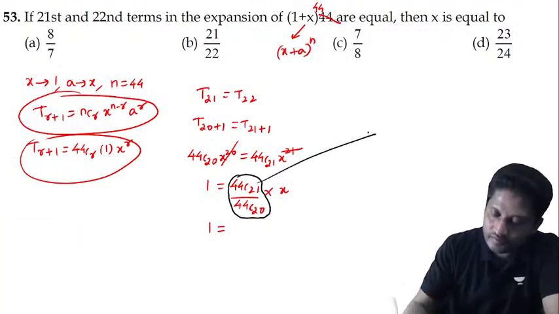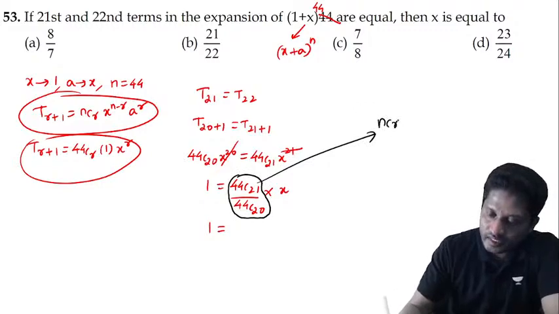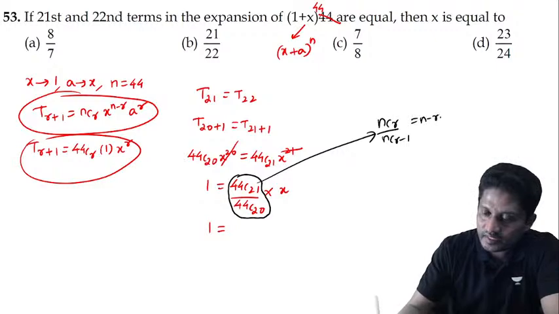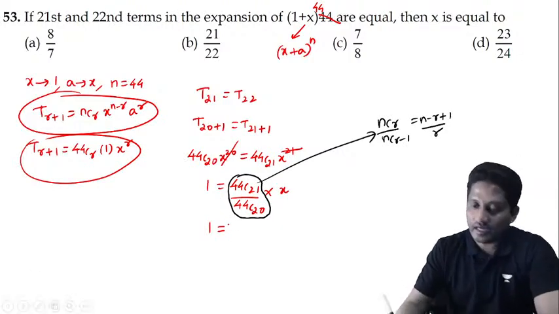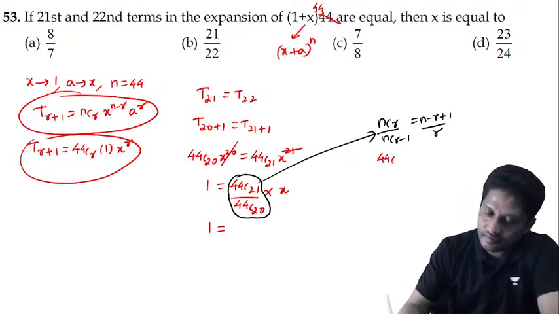Now this is of the form nCr by nC(r minus 1) is n minus r plus 1 upon r. So if I use this logic, 44C21 divided by 44C20 is n minus r plus 1 divided by r.